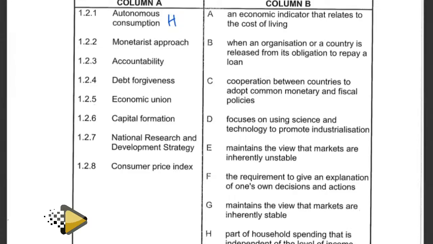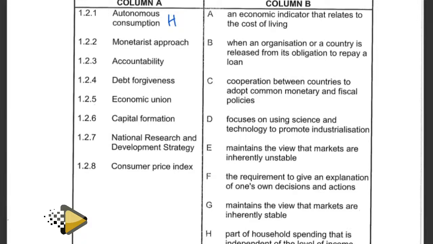Why are they saying that? They believe that the market forces of demand and supply can stabilize the flow of goods and services. So these guys under monetarist believe that markets can be stable without government intervention.